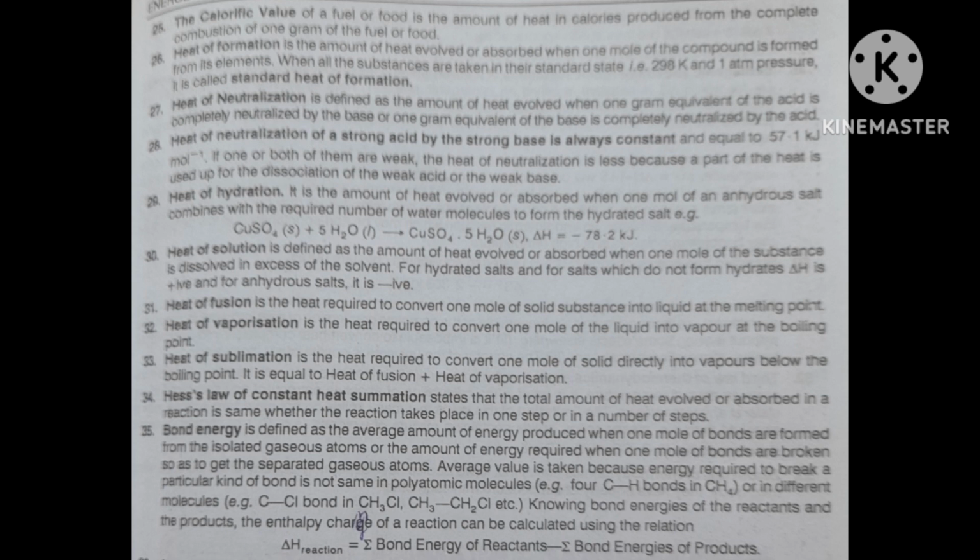Example, solid copper sulfate. It is anhydrous, no water molecules. But this copper sulfate solid plus 5H2O, that is the water is liquid, gives CuSO4·5H2O, blue vitriol. Copper sulfate 5H2O is also called blue vitriol.